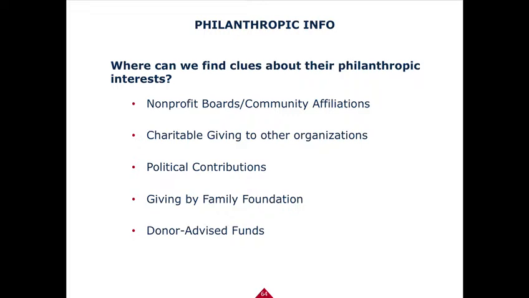So where can we find clues about their philanthropic interests? And what can we actually find out? We can usually find out if they serve on nonprofit boards. We can find some of their giving to other organizations, to other nonprofits, if it's published somewhere. We can find information about their campaign contributions, because most of that does have to be publicly reported, unless it's that dark money.